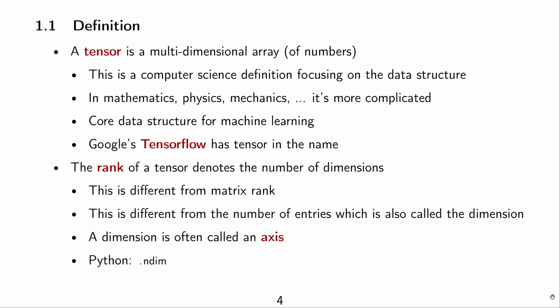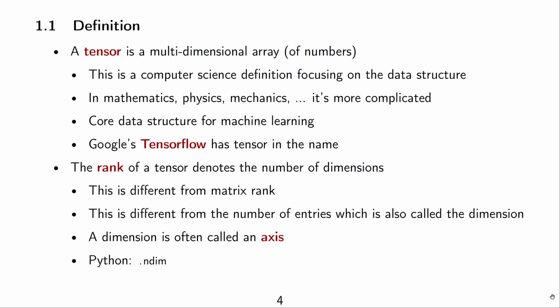In linear algebra, when we're looking at a matrix and think about matrix rank, it's related to the maximum number of linearly independent column vectors. But this definition simply looks at how many dimensions we have in the definition of the data structure, and for a matrix this will always be 2, and for a vector always 1.